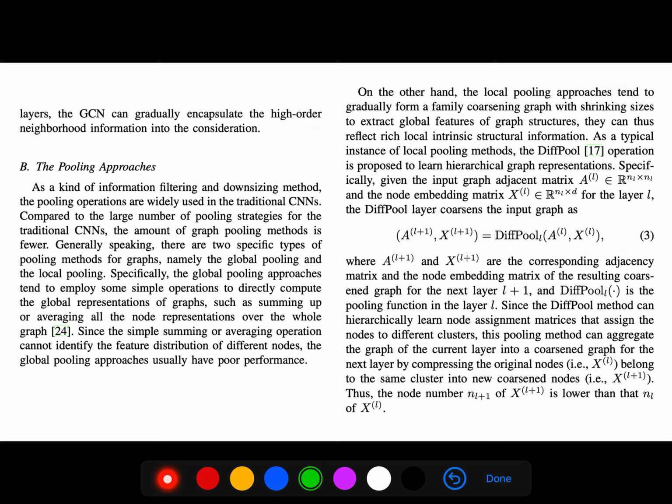For example, DiffPool is a kind of hierarchical pooling that I've explained in a different video, but the problem is that it is computationally expensive. The good thing is that we can fix the number of clusters in advance.